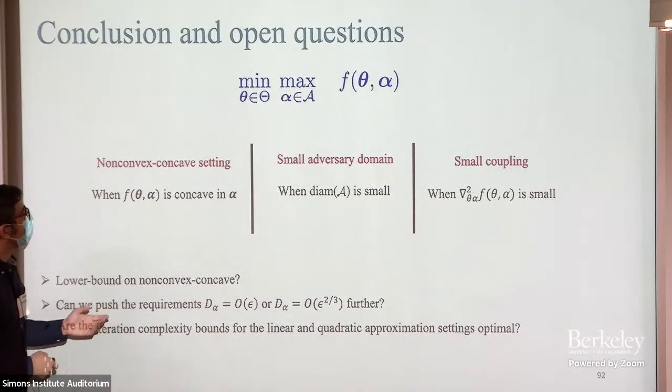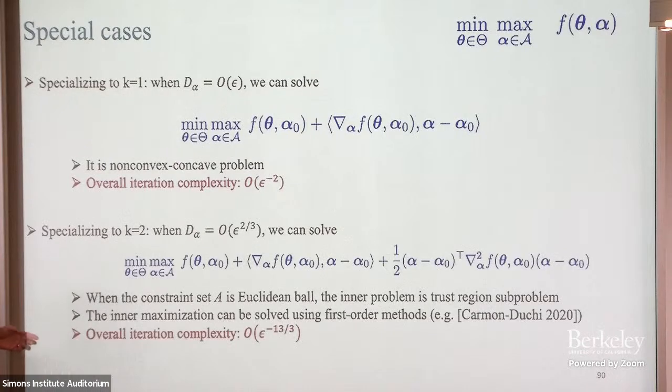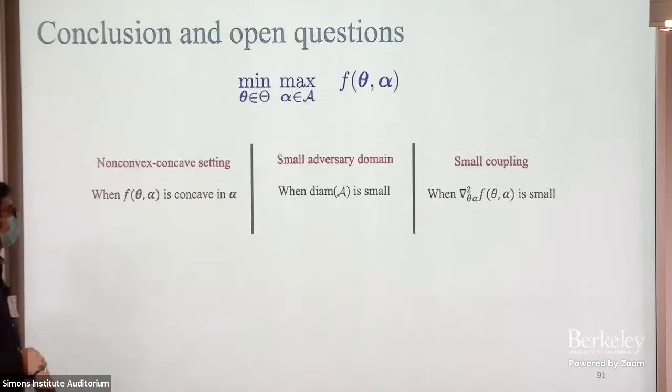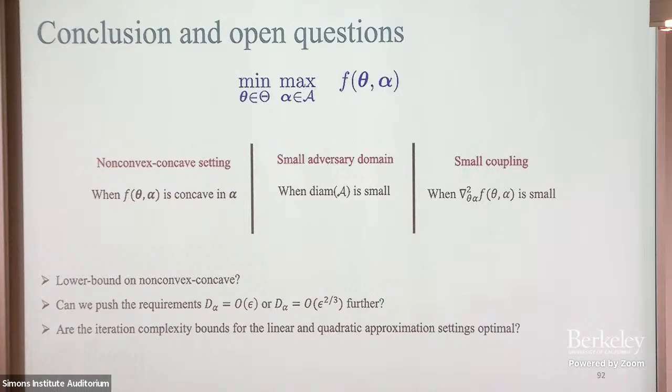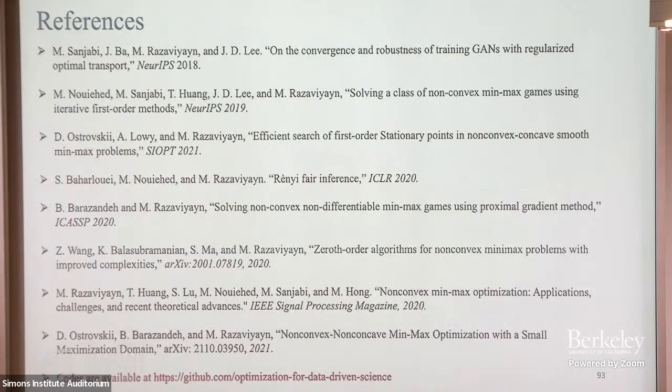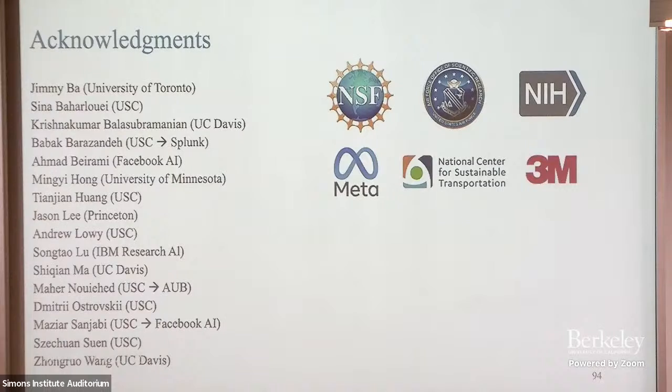The iteration complexity bounds that I talked about for the quadratic case, we also don't know whether they're optimal or not. This is also an open question. These are some of the references, with many of the colleagues on the min-max problem. I want to thank all the colleagues and those supporting my research.